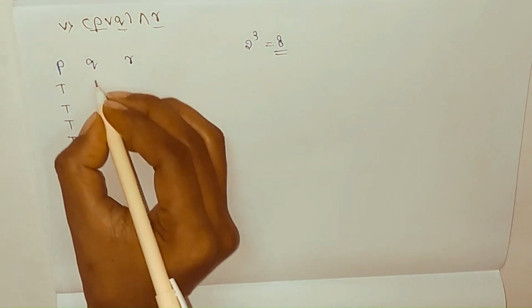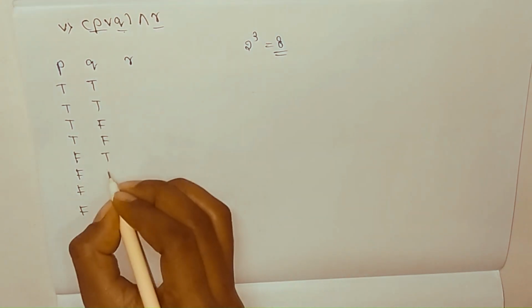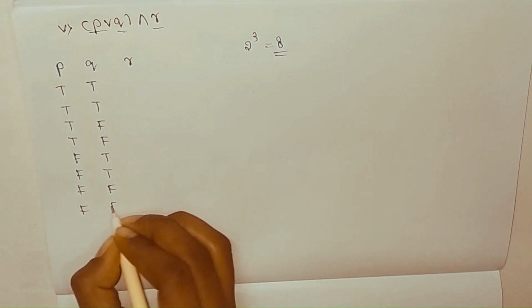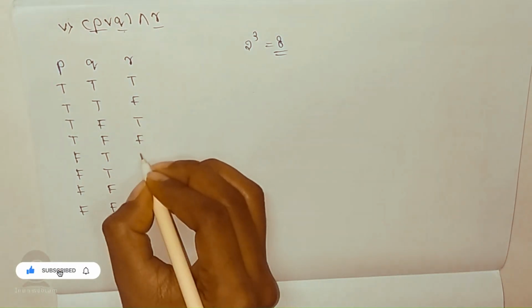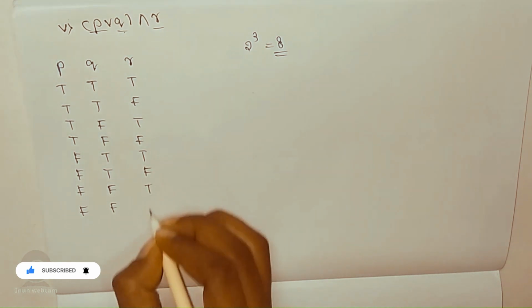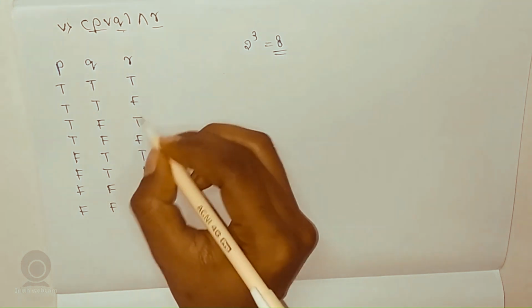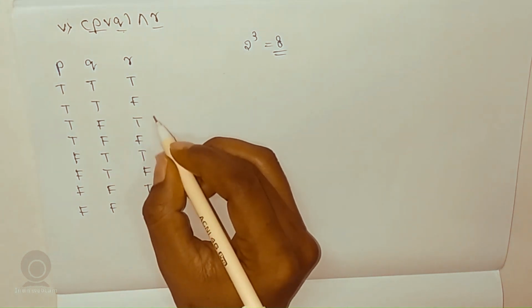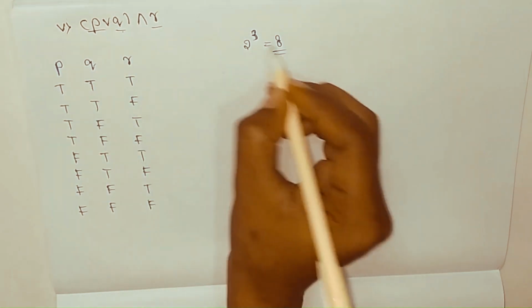And Q statements are true, true, false, false, true, true, false, false. And R statements are true, false, true, false, true, false, true, false. These are the total number of possible truth values for the statements which have three.